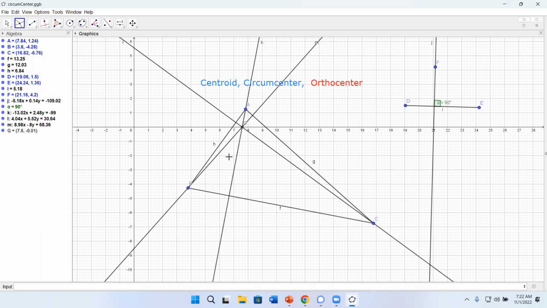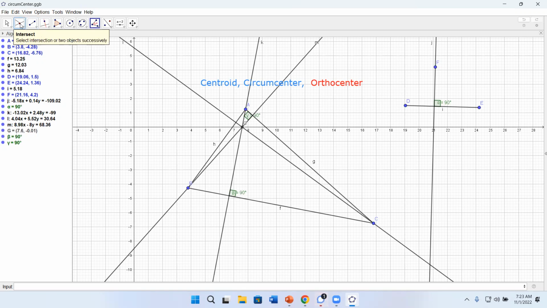And this point is called the orthocenter. Okay. What is so special about an orthocenter? I mean, remember these are altitudes. They're all 90-degree angles. We saw that right now, right? So all these are altitudes. Altitude means height. All these are giving the height of the triangle from one or the other side.